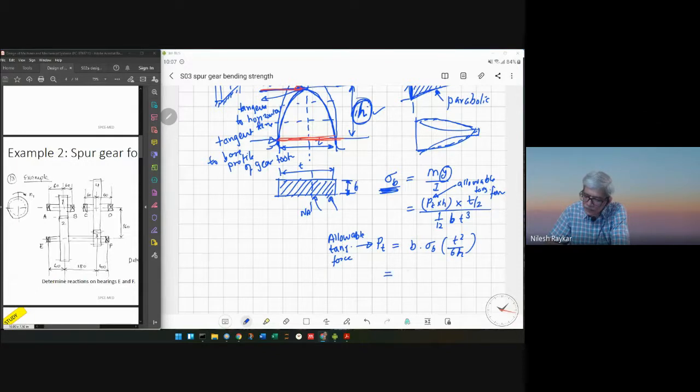And we'll multiply and divide this equation by M, that is, module. So we'll get 6mH.